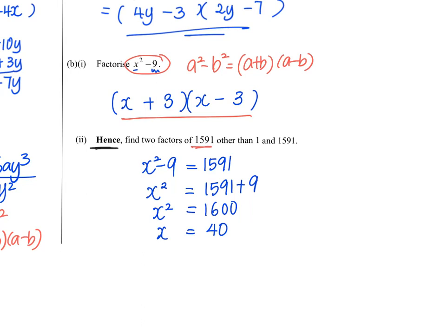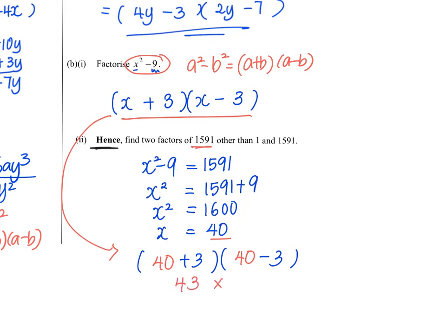So if I follow this pattern over here, the factors of 1591 will be two brackets, something plus 3, something minus 3. And I found x to be the number 40, so 40 plus 3, 40 minus 3. 40 plus 3 gives me 43. 40 minus 3 gives me 37.